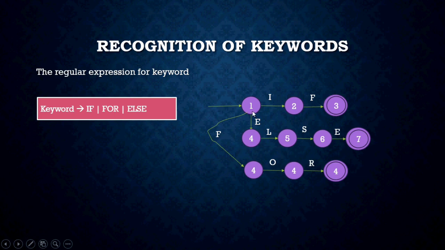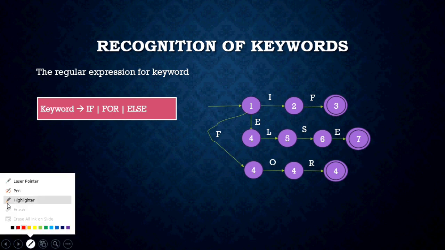Now, in state number 1, when I apply F, it goes to state number 4. So there is a small change here. It should not be state number 4. It should be 8, 9, and 10. So I just make a small change here.